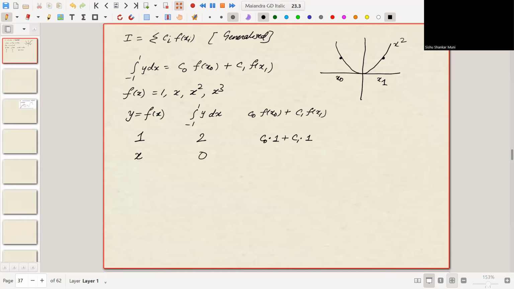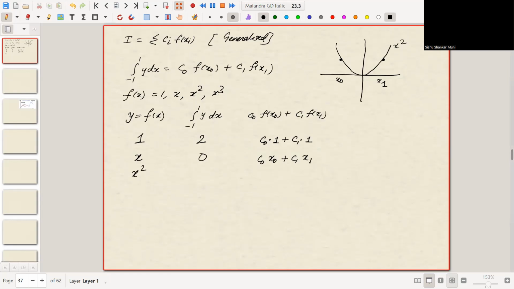So what's the value? It will be c0 times f of x0, which is x0, plus c1 times f of x1, which is x1. Yeah. So for x square, the integral is computed as 2 by 3.